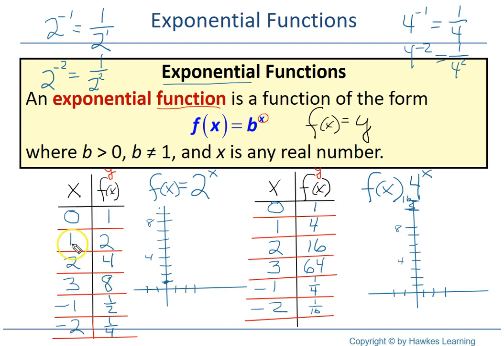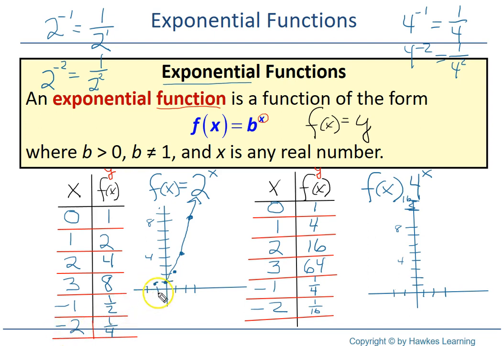When it's 1, y is 2. When it's 2, y is 4. And when it's 3, y is 8. So I'm just going to sketch this now. This line is not straight. And it goes on like so. Now, how about when x is a negative 1? Negative 1, y is 1/2.